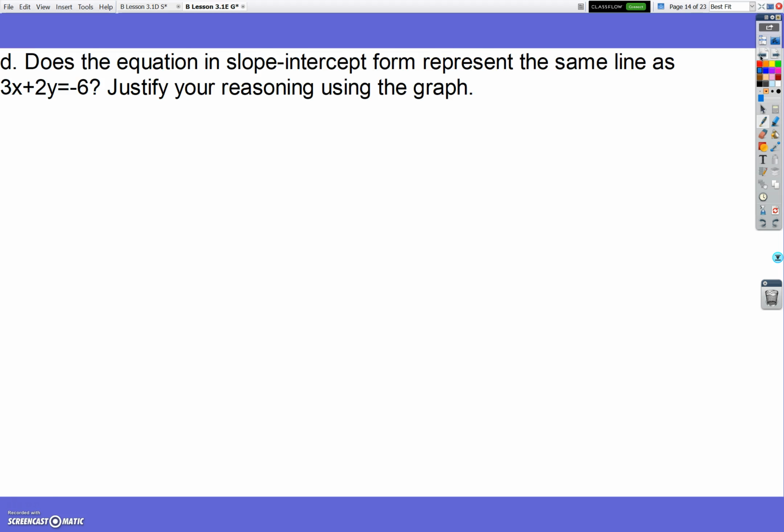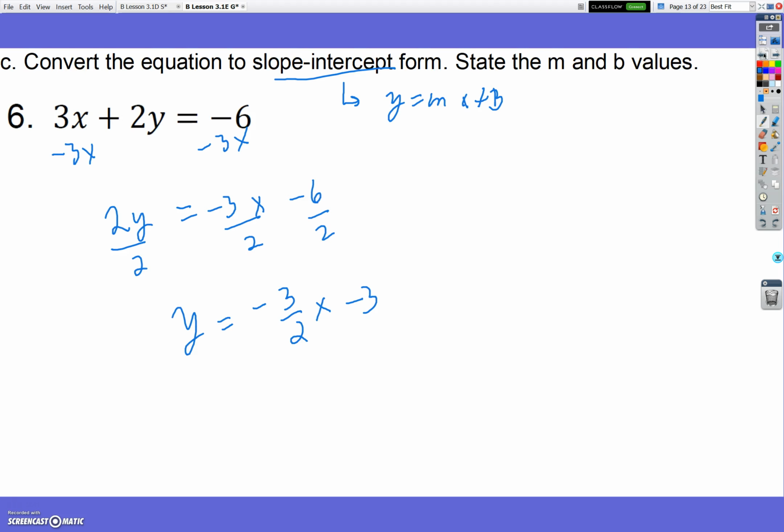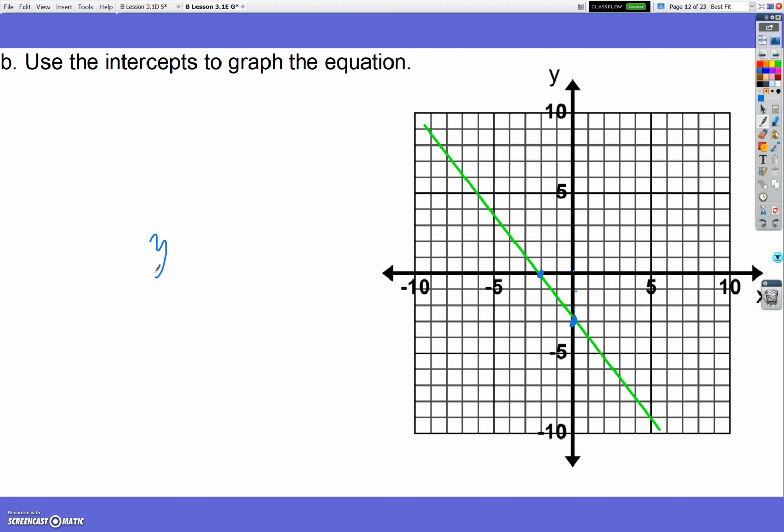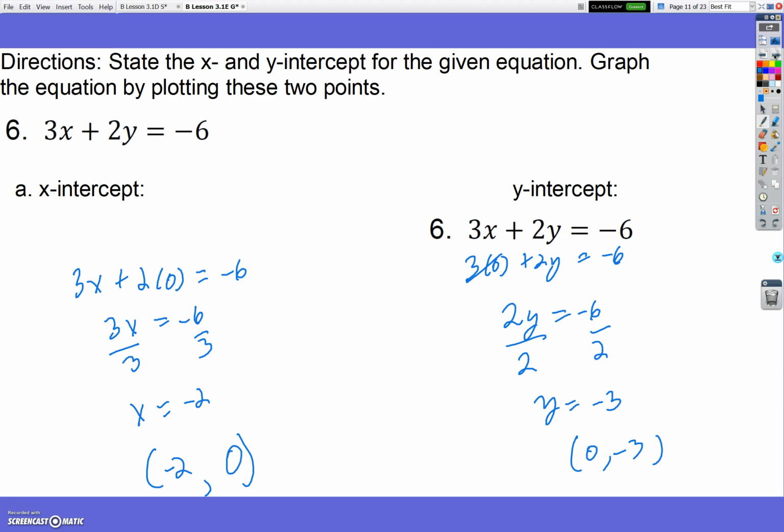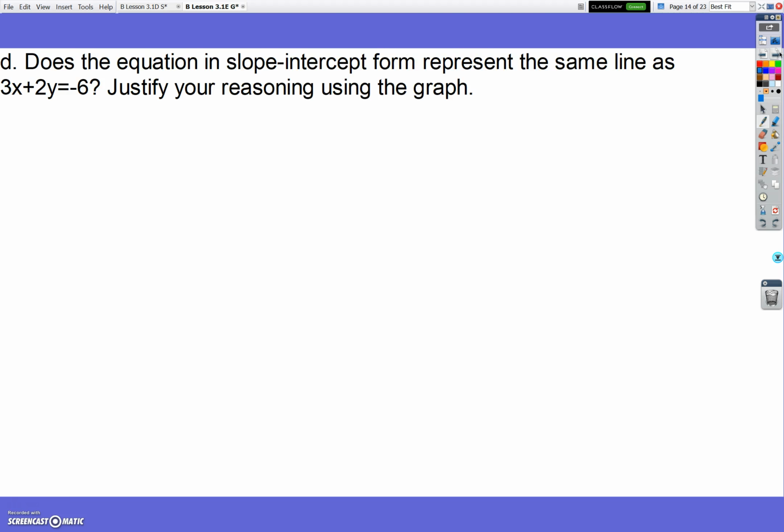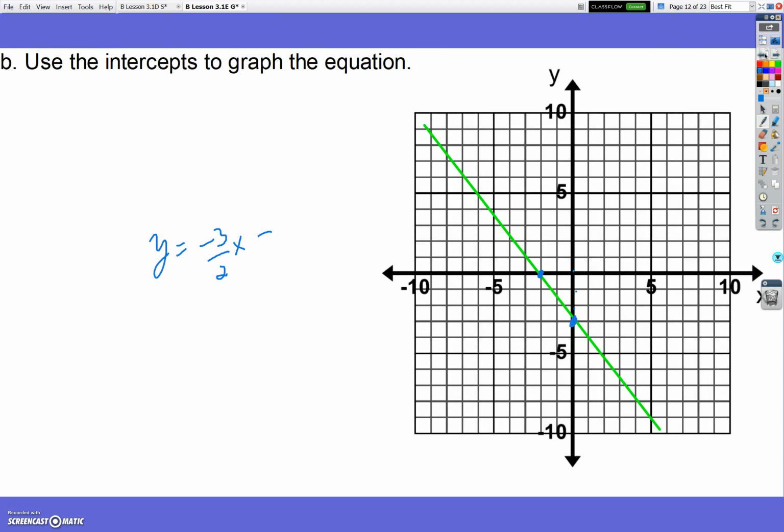So, does the equation in slope-intercept form represent the same line as 3x plus 2y equals negative 6? Well, let's find out. I got y equals negative 3 over 2 x minus 3.